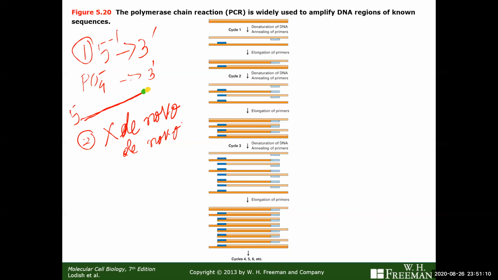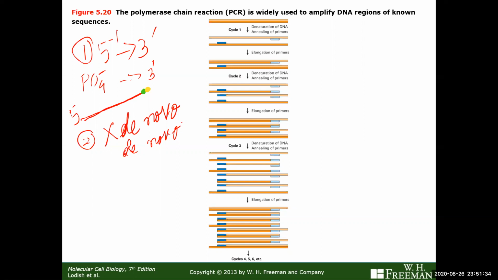Please remember this always. What it means is that if you take 2-deoxynucleotides and use a DNA polymerase, then the DNA polymerase will not be able to polymerize them and make a 2-nucleotide long DNA strand.